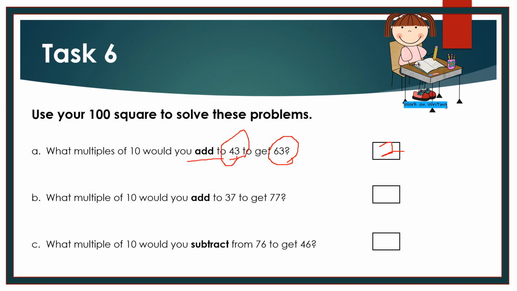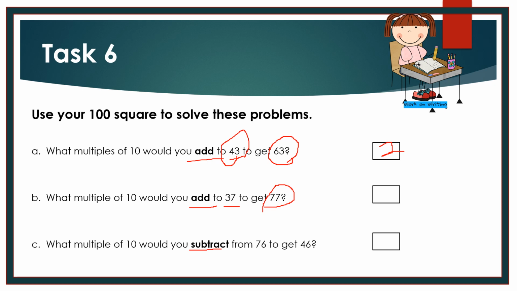The next question, question B, is what multiple of 10 would you add to 37 to get 77? Again, it is saying add. So you will count on. Go to 37 in your 100 square table. Count on until you get 77. Now this one, I want you to do it. Number C. What multiple of 10 would you subtract from 76 to get 46?